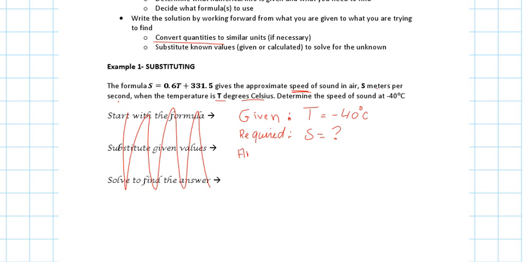Now, in the solution, I'm going to have to substitute my given information, right? So I know that t is equal to negative 40. I just substitute negative 40 here. And then I just use BEDMAS, plug everything in the calculator, and solve for S, right? So this is the easiest type of question that you can get.